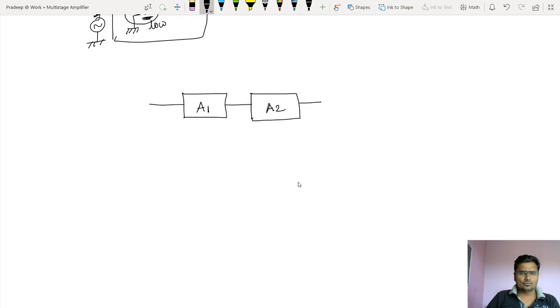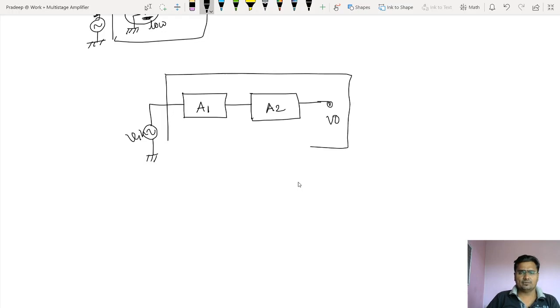Connect the input to the first amplifier. That's what I'm doing. This is my input voltage, and here somewhere I'm taking the output voltage. And this is your amplifier which has more than one stage. This is the first stage and this is the second stage.